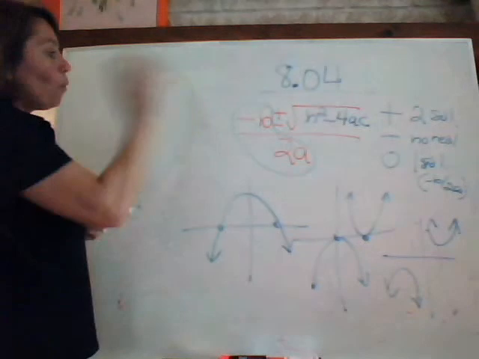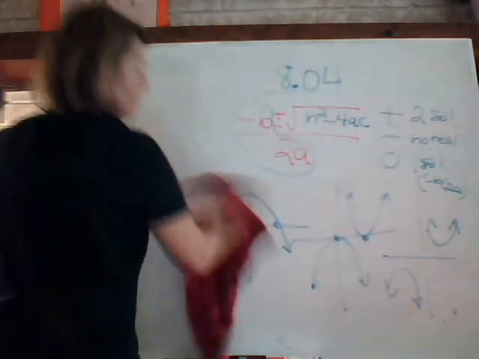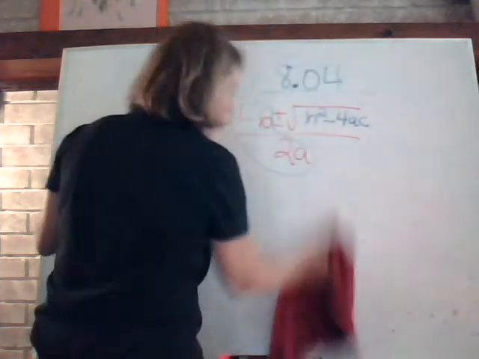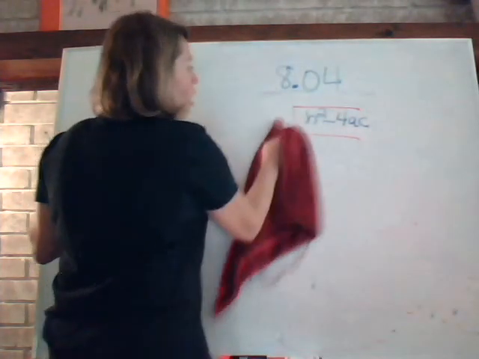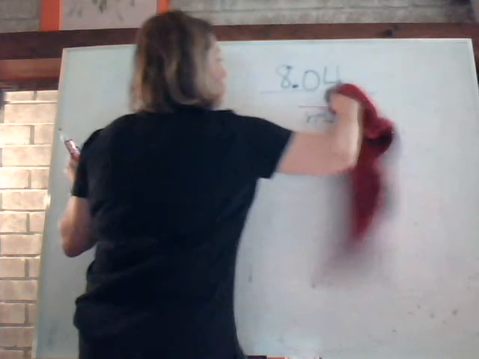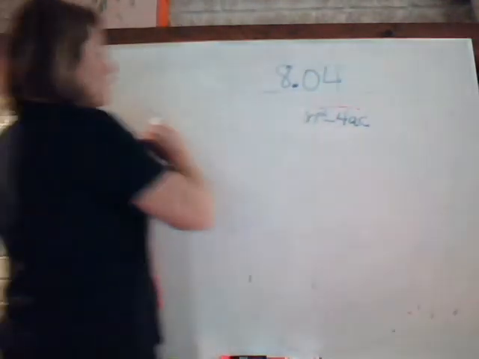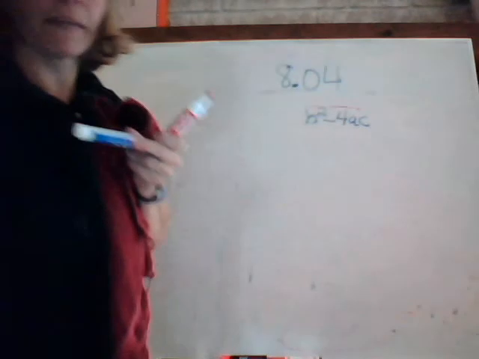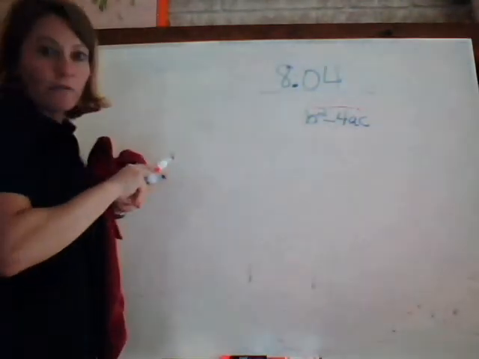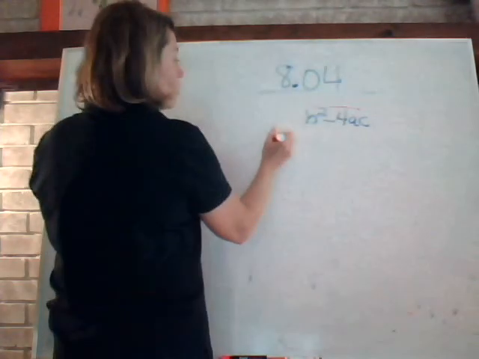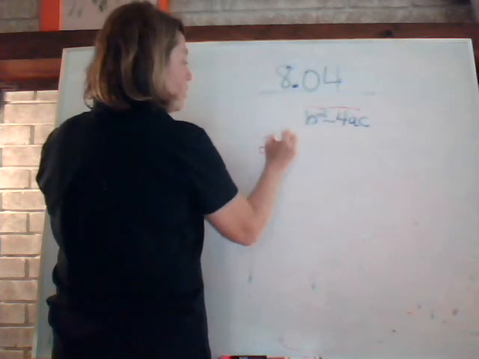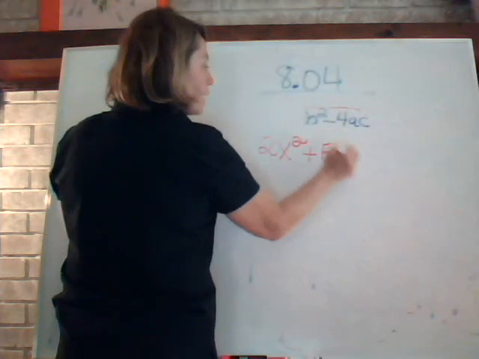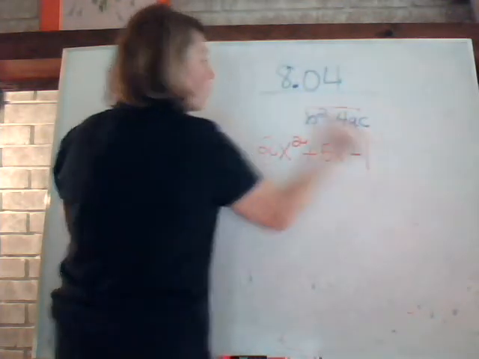So, let's actually solve one of these. Let's look at a quadratic and see if we can figure out what the discriminant is. So all I'm going to do is focus, and I'm going to erase everything except for my b squared minus 4ac part. Okay? So b squared minus 4ac for, let's say, the quadratic 2x squared plus 5x minus 1.